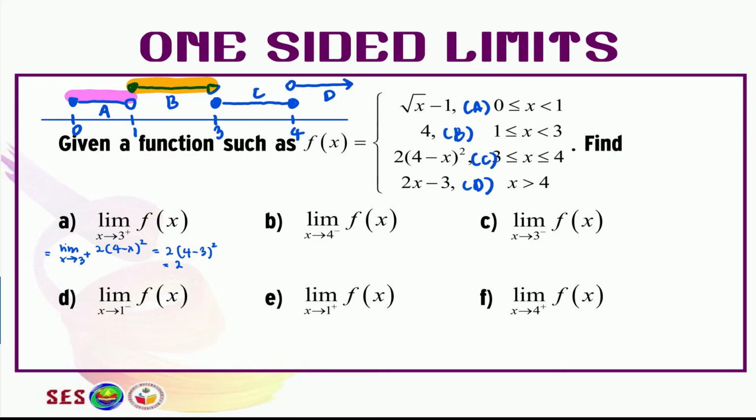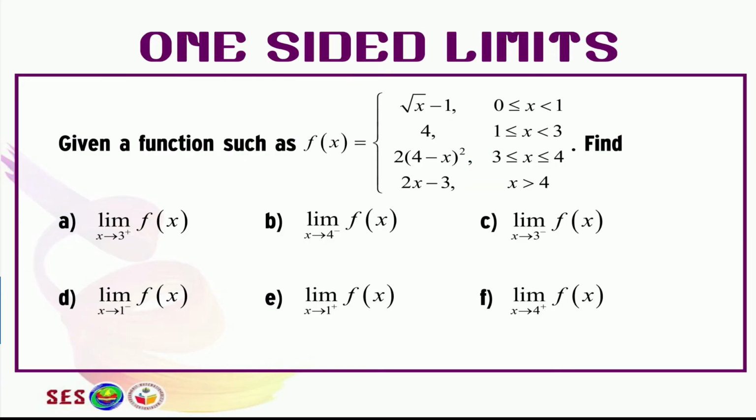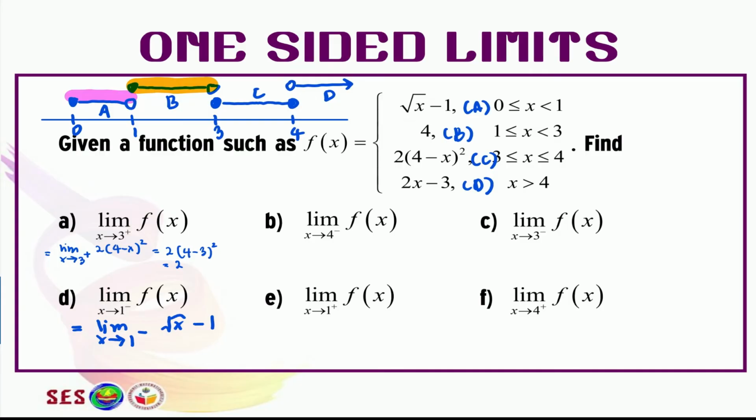So now we're going to replace this f(x) with function A. So this becomes the limit as x approaches 1 from the left for the function square root of x minus 1. And to find the limit, we just need to substitute. Here we substitute x equals 1. So we're going to have square root of 1 minus 1, that is equal to 0.